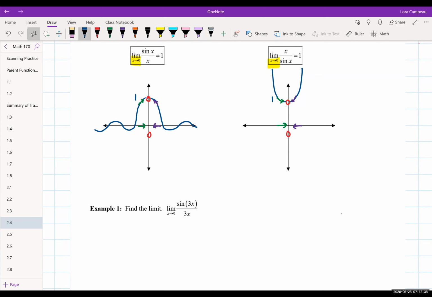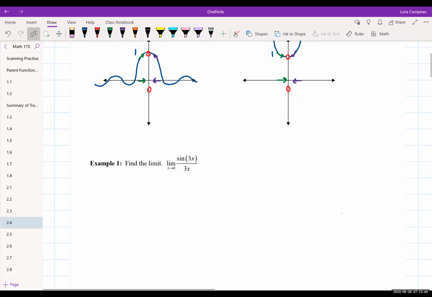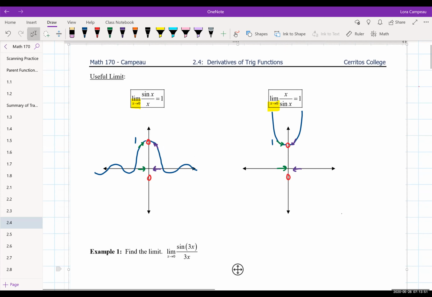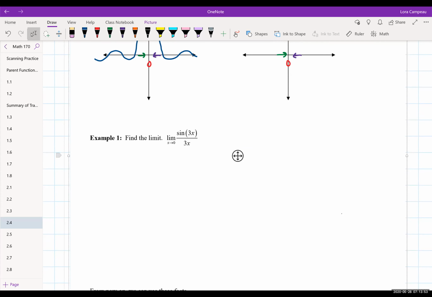But the way they try to describe it to help us a little bit with mathematics as opposed to geometric arguments, they kind of use a bit of substitution in a way. They want it to look like our useful limit up here. So they just choose a letter. Maybe we use R, doesn't matter.